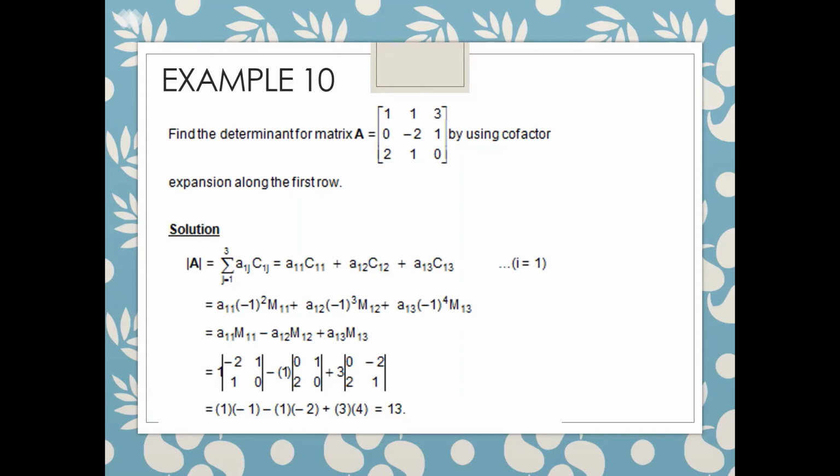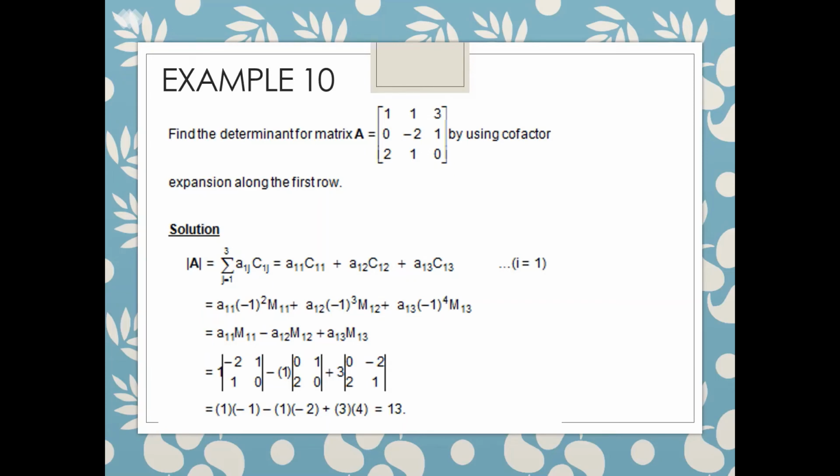By using cofactor expansion along the first row, determinant of A is defined as A11 cofactor 11 plus A12 cofactor 12 plus A13 cofactor 13. A11, A12, and A13 are the elements in the first row.